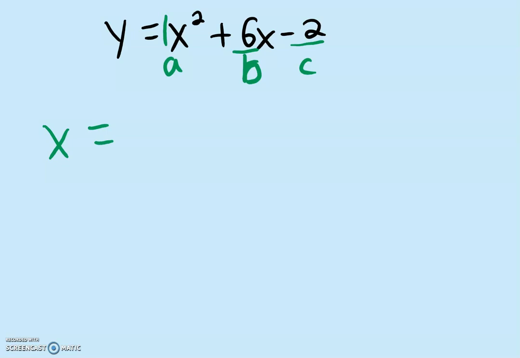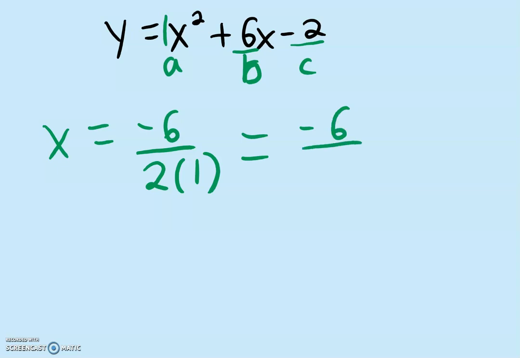So this +6 will become a -6 over 2a, which means 2 multiplied with the value of a, which is 1. So we have -6 on the top, and on the bottom, 2 multiplied with 1 is +2. -6 divided by 2 will give you -3. And so the x-coordinate for the vertex will be -3.